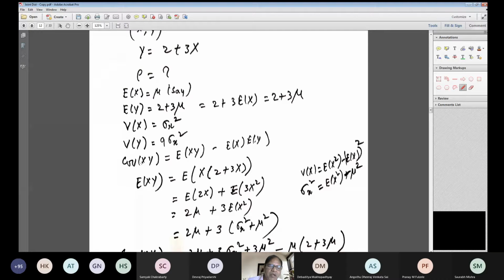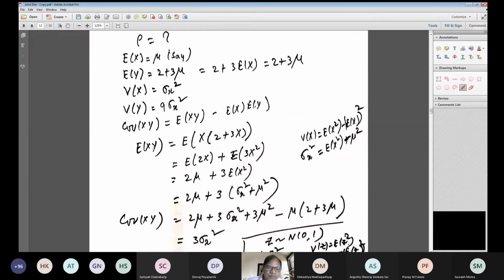So variance of y equals variance of 2 plus 3x, and variance of a constant is 0, and it is 3 square variance of x, so 9 sigma x square. So covariance xy, as you can see, we can calculate using e of xy minus e of x, e of y. Since y equal to 2 plus 3x, I can calculate this particular quantity first.